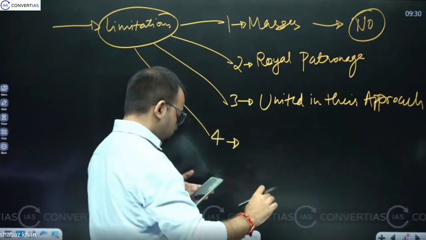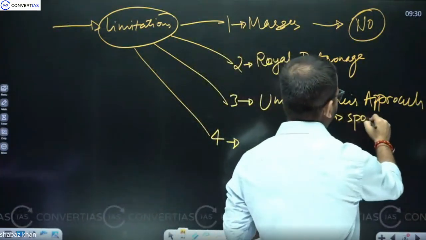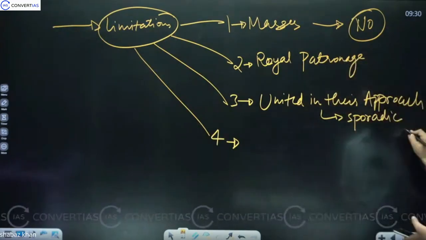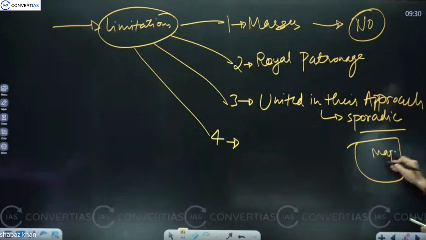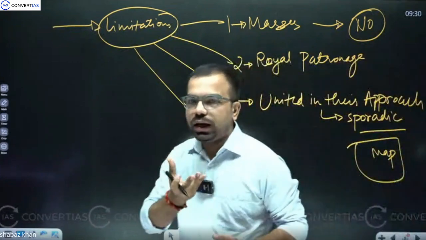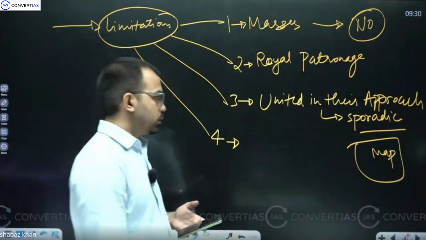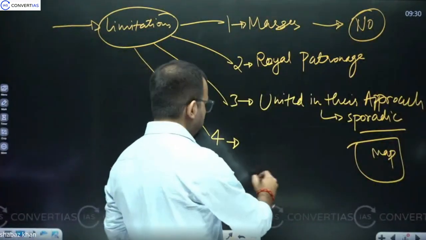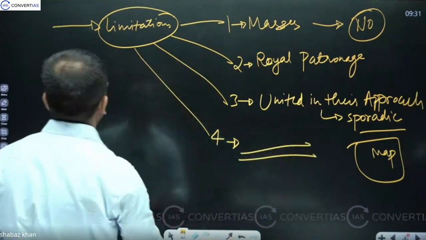Economic redistribution. Okay. Sporadic is the right word. They were very sporadic. And that is where you can draw the map. The best place to draw the small map is showing that the Bhakti and Sufi movements were very sporadic. Yes? Chalo. Okay. Other things you can think about.